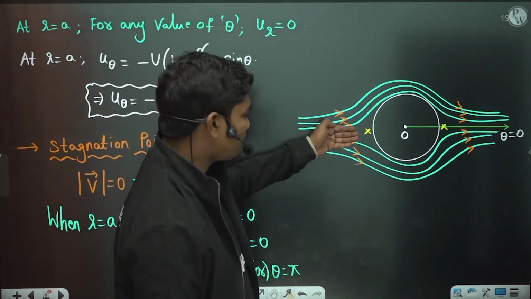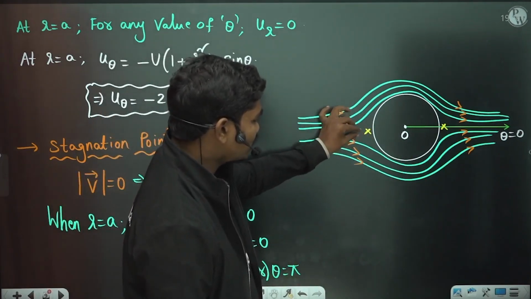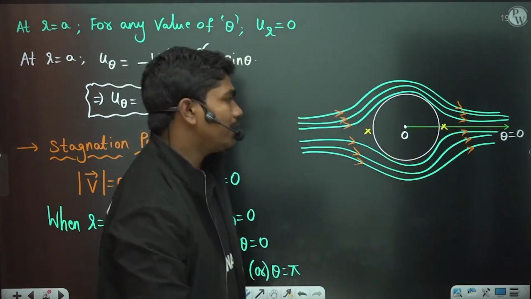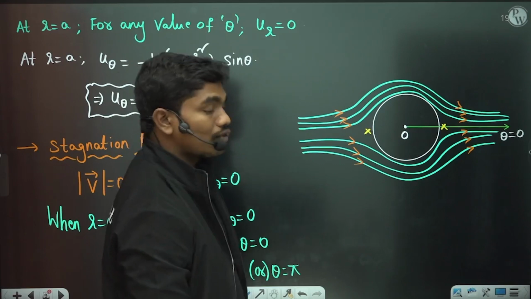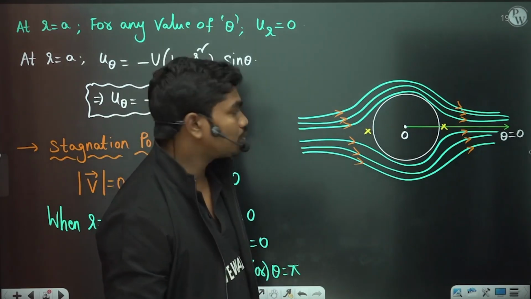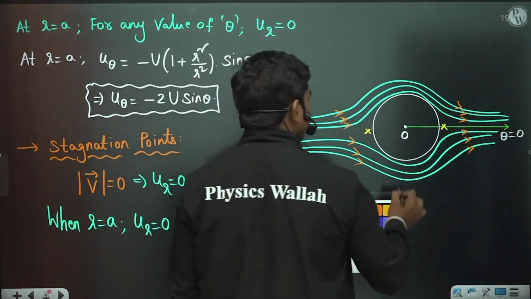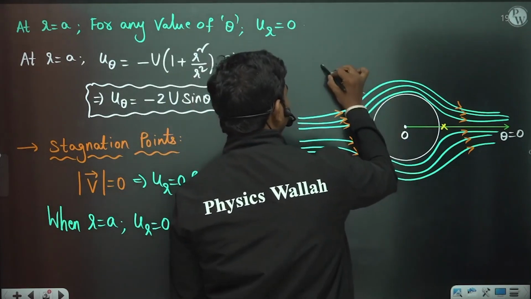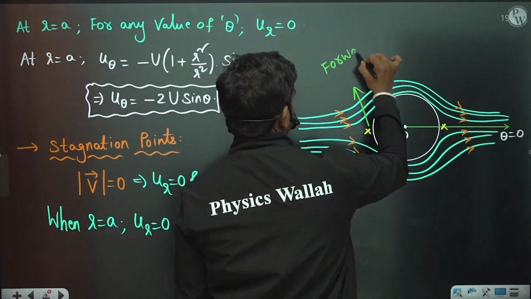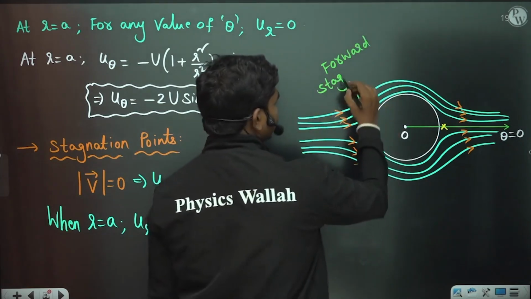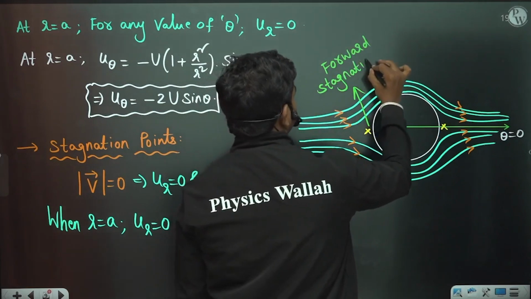So the fluid will try to come here, then its velocity gets reduced almost to 0, and then it diverts into two different paths. These are the two locations where the fluid is completely at rest, and these two points are the stagnation points in this particular case. The stagnation point here is called the forward stagnation point, because normally this is the flow direction.